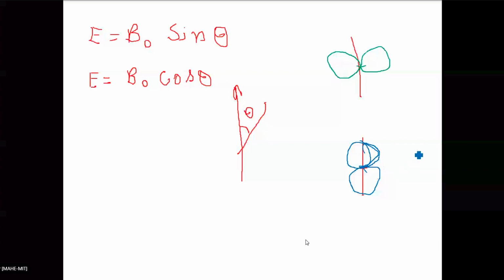Sometimes you plot the normalized pattern. How do you get the normalized pattern? The normalized pattern is called En. En is equal to E divided by E max.